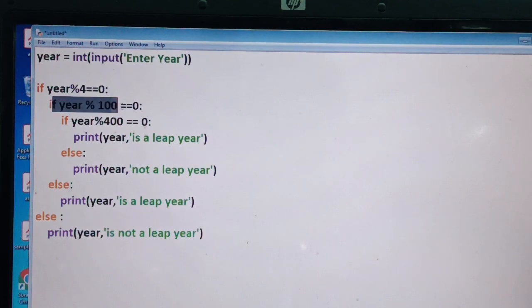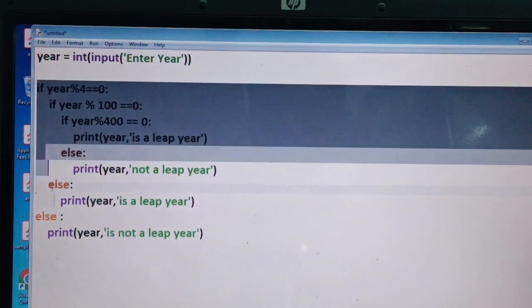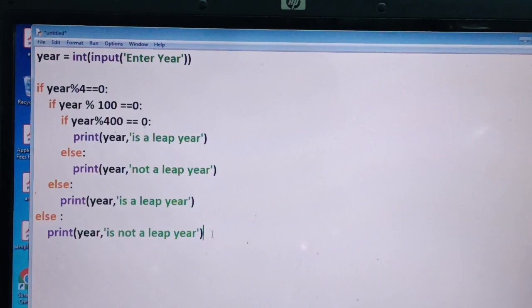And if the year is not a century year, then definitely it is a leap year, because it has satisfied the condition of year modulus 4. If the year is a century year, it will check whether it is divisible by 400 or not, because for a century year to be a leap year, it needs to be divisible by 400. Simple. This whole structure is a nested conditional statement, and I hope you have understood this code.